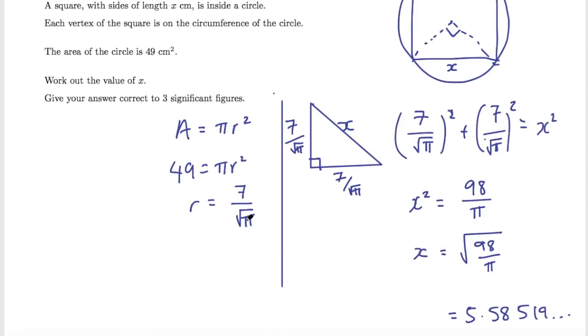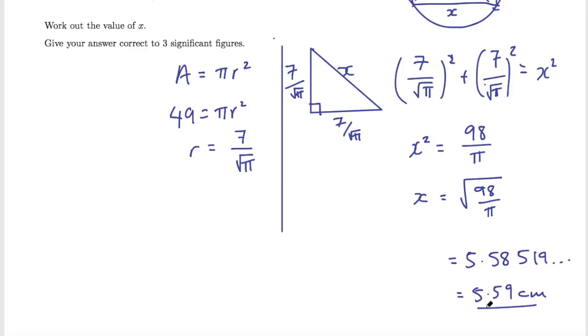If you've rounded to a decimal here, and you've put a slightly different answer into this equation, you might get something a little bit different. You might get 5.58 or even 5.6. And the markers know that, so they're given a range from, I think, 5.57 to 5.6, and they accept anything in that range. But I'd say this, because I haven't rounded anything, would be the most accurate answer.